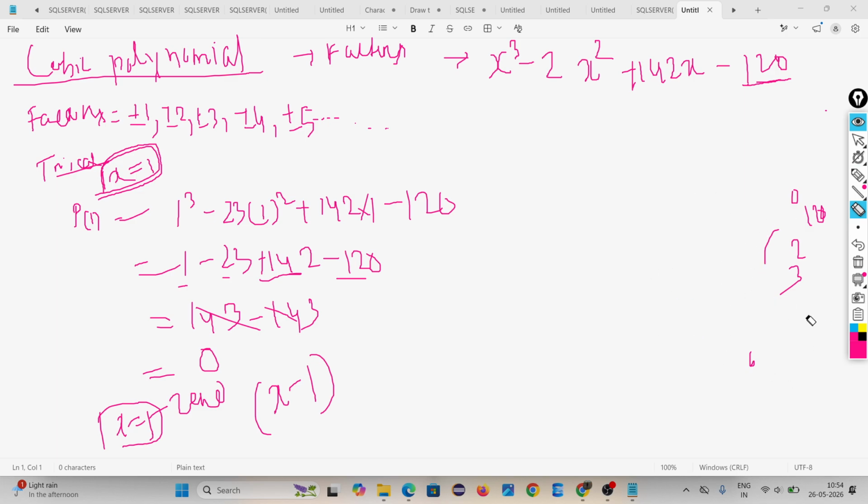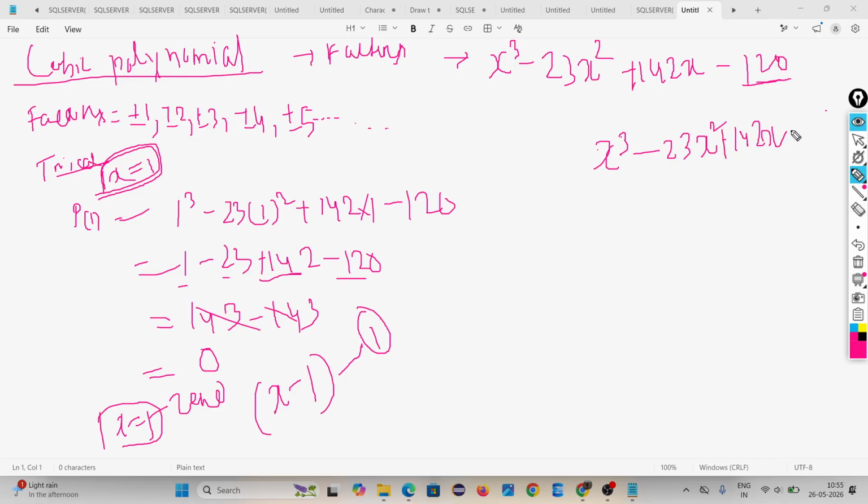You know division? Yes, sir. Now we have to do the division method. We get one factor. For getting the other 2, we have to do the division of x cube minus 23 x square plus 142x minus 120. Why are we doing division? Look, suppose my number is 6.